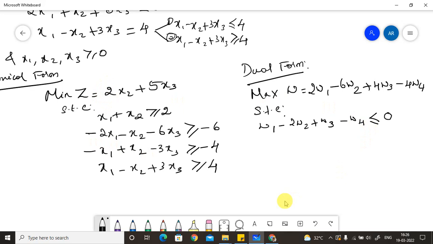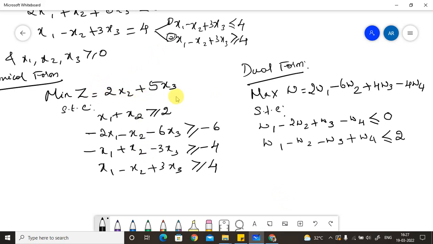Another one is w1 minus w2 minus w3 plus w4, that will be less than or equal to 2. And the third constraint.